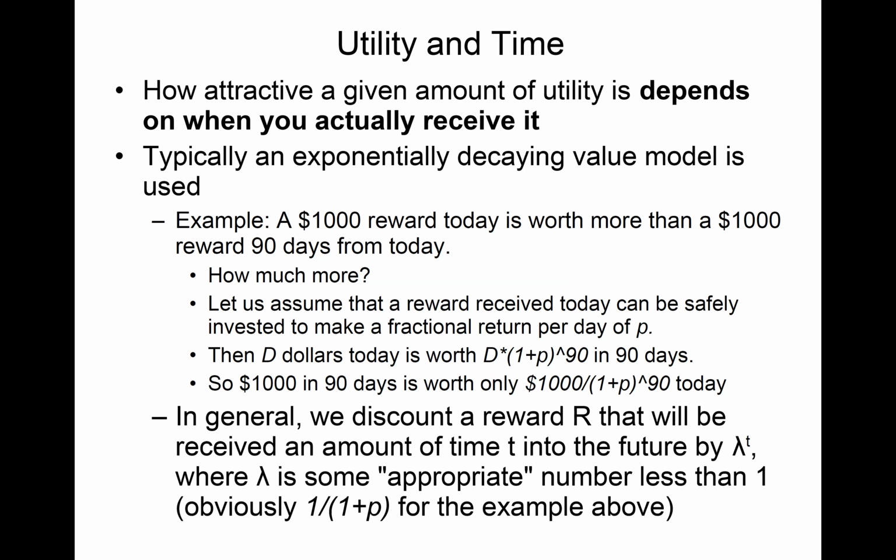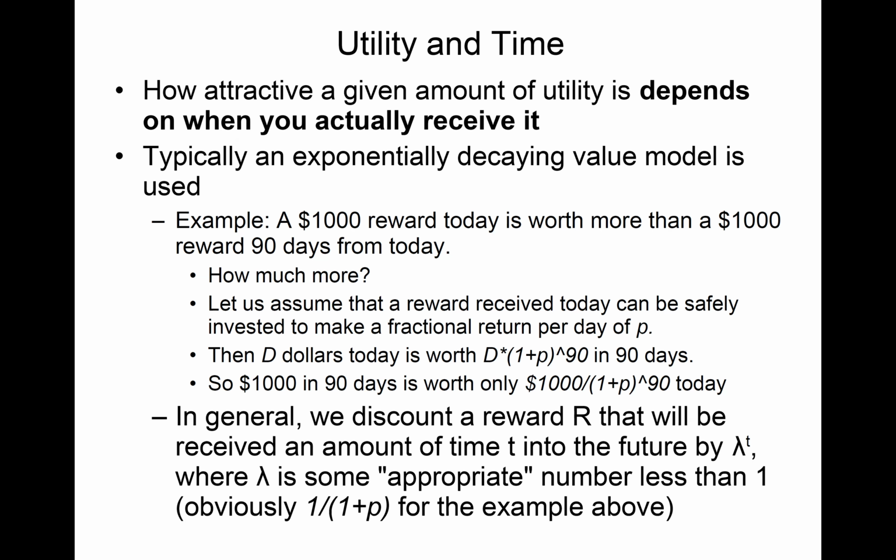Okay, so all right. So we assume we're going to get a reward R. We don't know how often, but in general, we're going to have to wait to get the next reward. So it's going to come at a time T into the future. And we will say that we're going to discount it by lambda to the T, where lambda is some appropriate number less than 1. Okay.